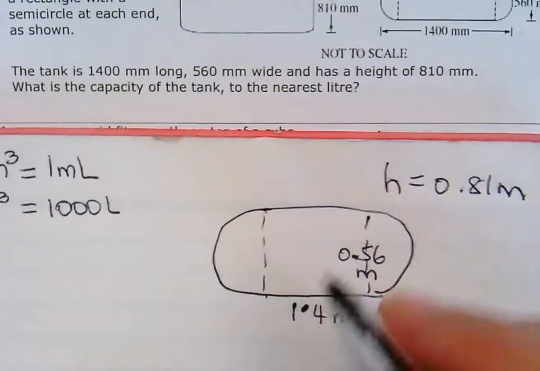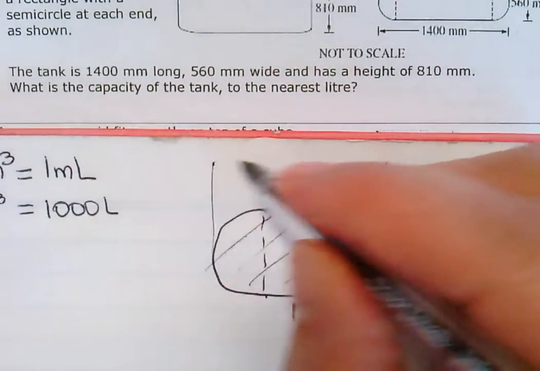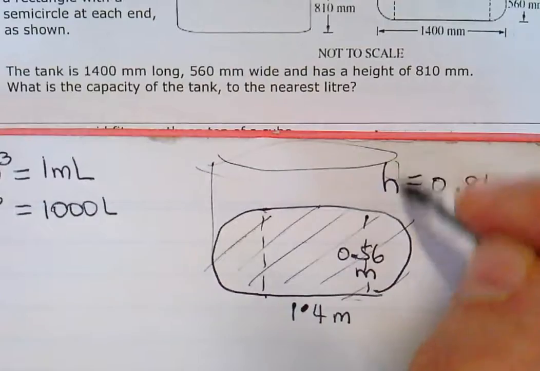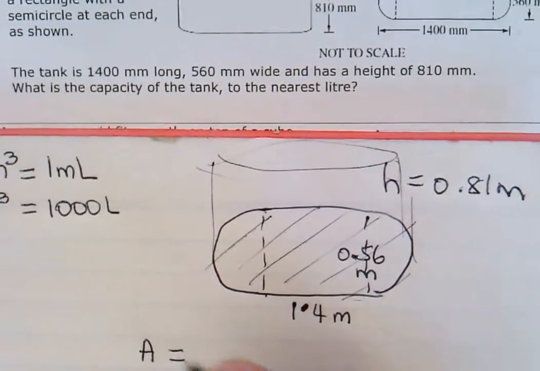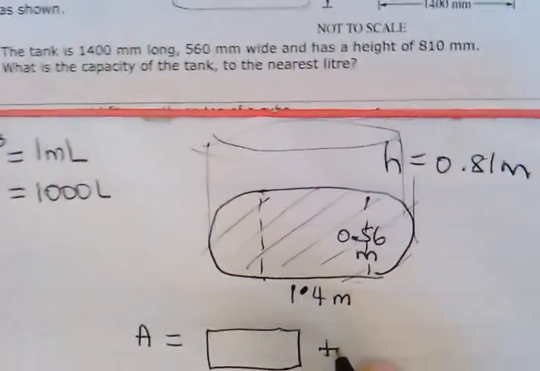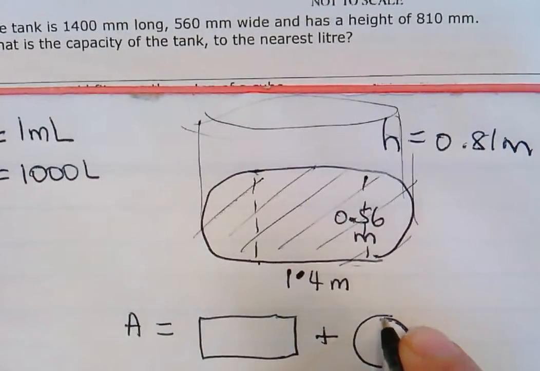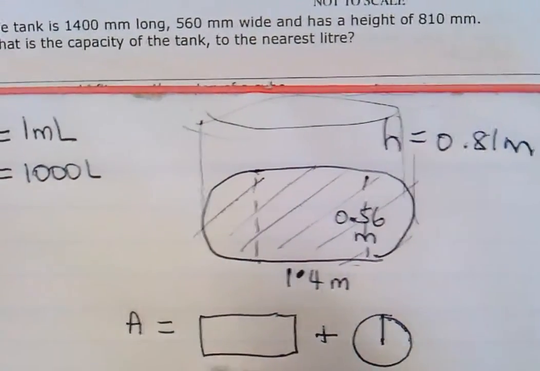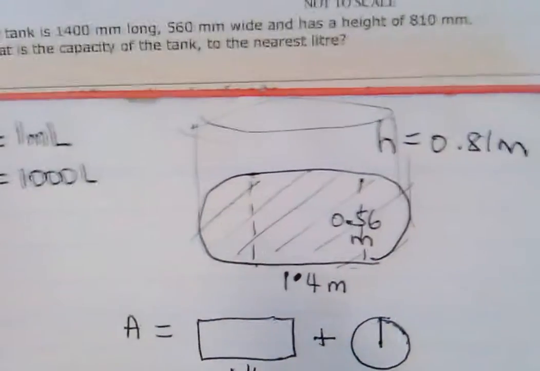How do we work out the area? Remember, it's going to be the area of this cross section, and then the tank is going to be that high. Got the idea? Area of the cross section. Isn't the area made up of a rectangle plus 2 semicircles gives me a full circle? Girls? So, what's this length? 1.4.